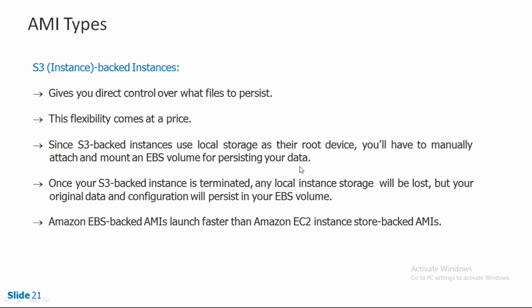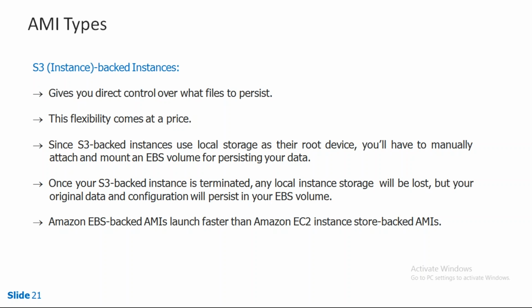So the difference is, whenever you create an instance with an EBS backed AMI, if something goes wrong with that, you can still be safe. You can create another instance from that volume whichever is available. We will see practically terminating, which is nothing but temporarily shutting down or permanently shutting it down.